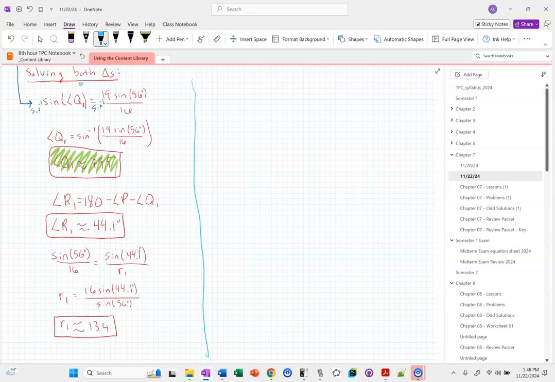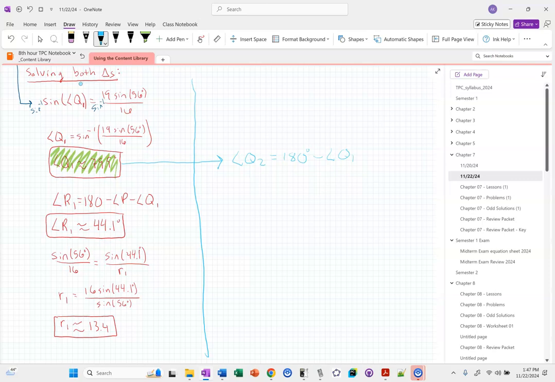So remember how we highlighted Q1? The reason I did that is because I'm going to use Q1 to find Q2. So Q1 and Q2 are always going to be supplementary. Okay, that doesn't mean that every angle in triangle 2 is supplementary to the corresponding angle in triangle 1. No, no, no, no. Only the first angle you solved.